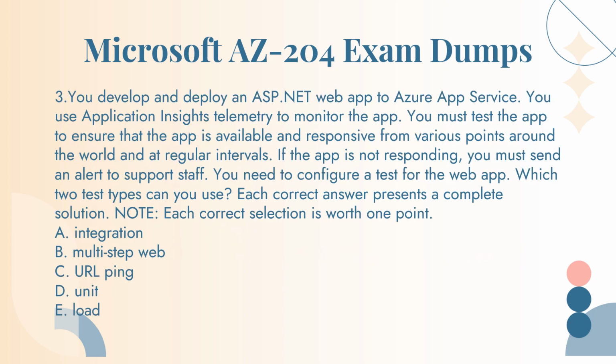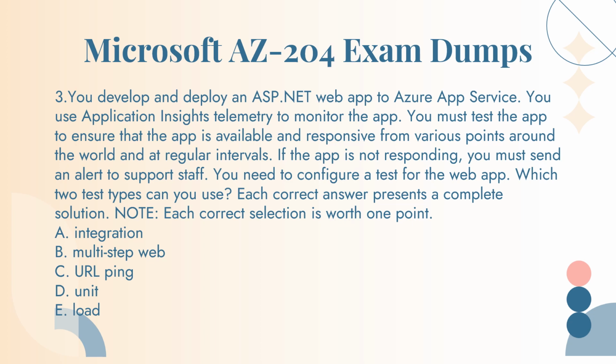3. You develop and deploy an ASP.NET Web App to Azure App Service. You use Application Insights telemetry to monitor the app. You must test the app to ensure that the app is available and responsive from various points around the world and at regular intervals. If the app is not responding, you must send an alert to support staff.